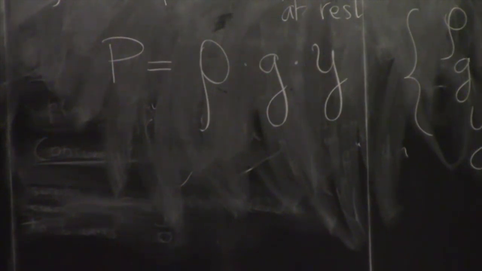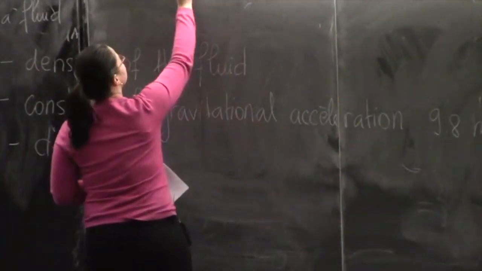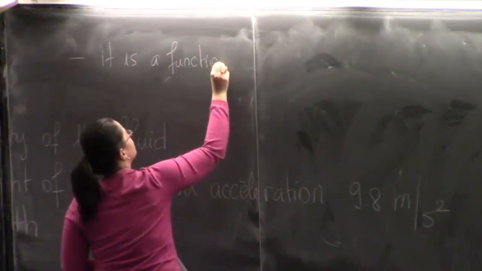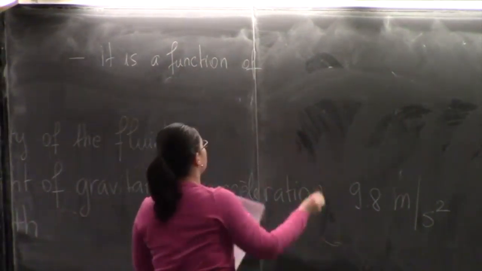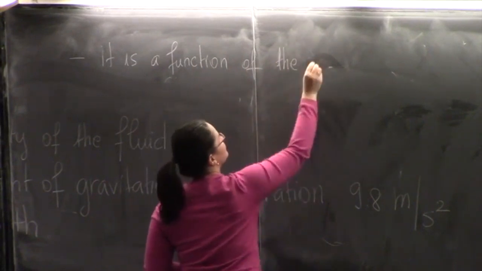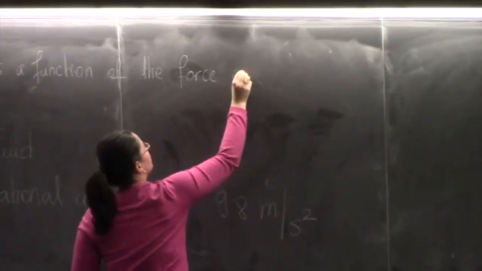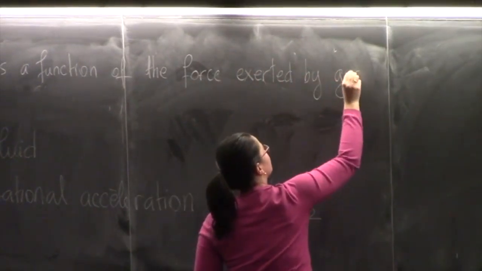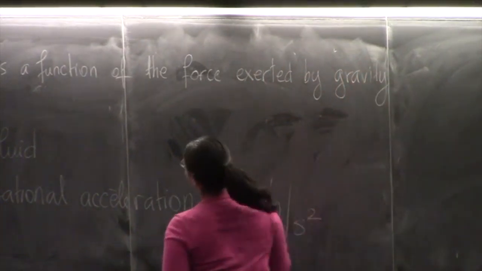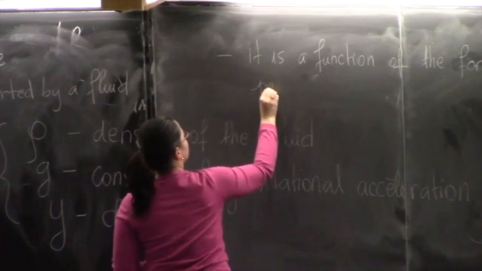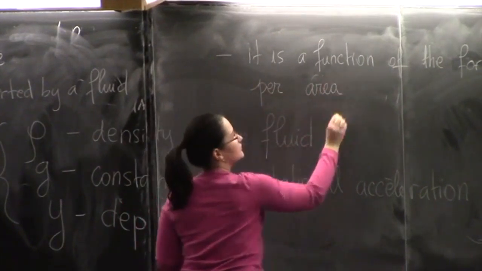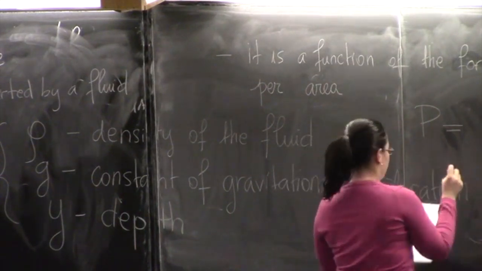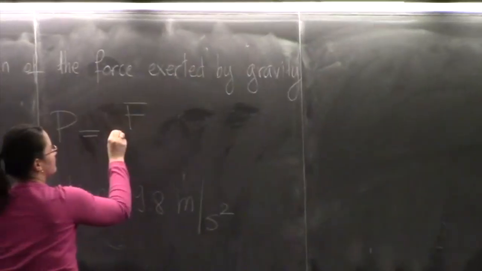And another way to think of the hydrostatic pressure is as a function of the force exerted by gravity over the area. So the pressure is the force divided by the area.